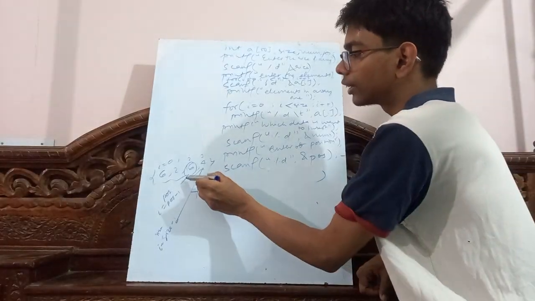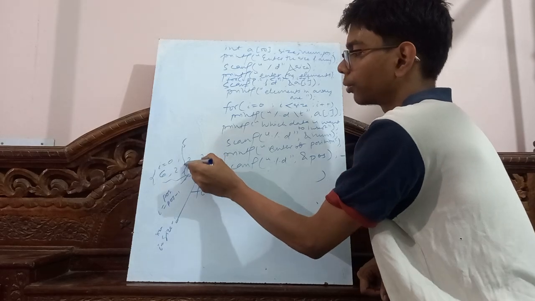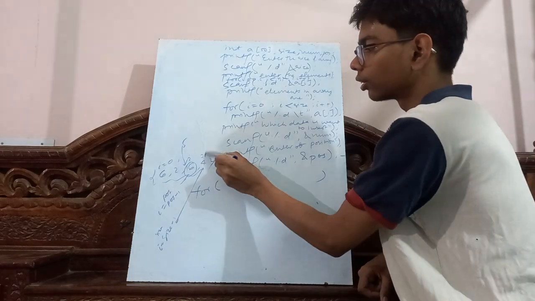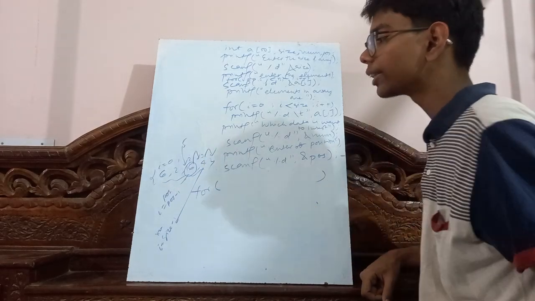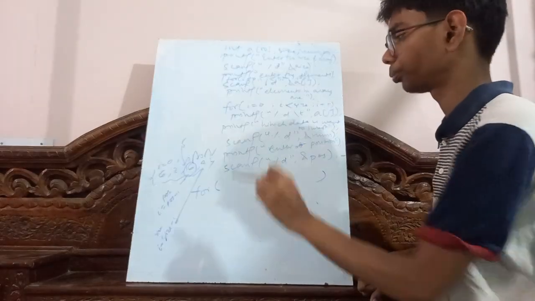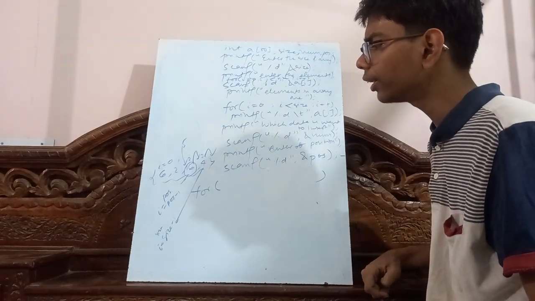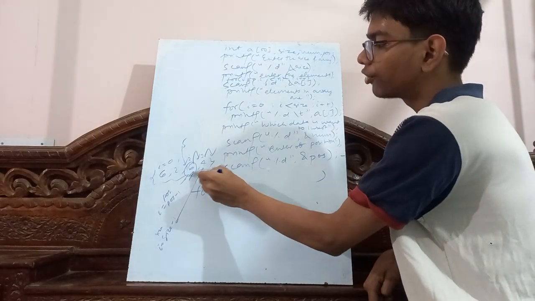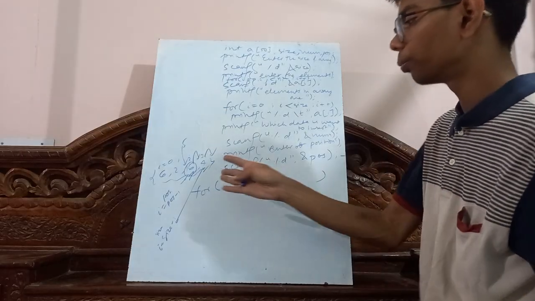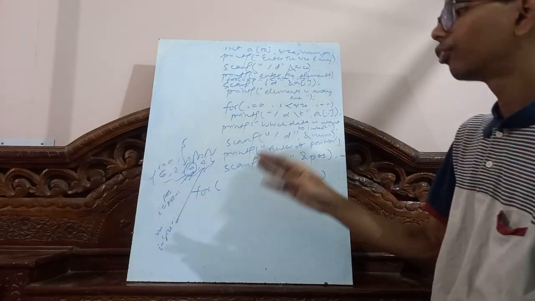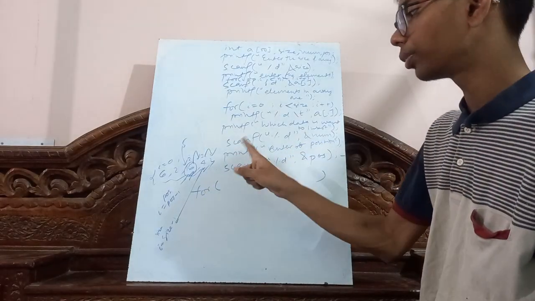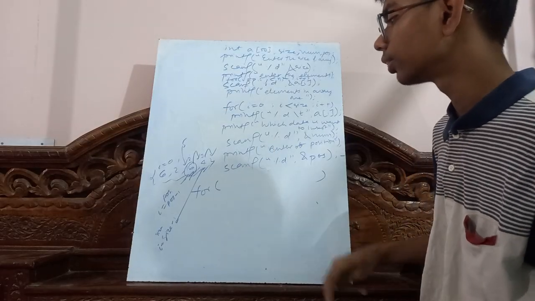So suppose I want to insert an element 5 here, right? I will increase the size of the array by 1 and I will simply shift all elements to the right, from that position.